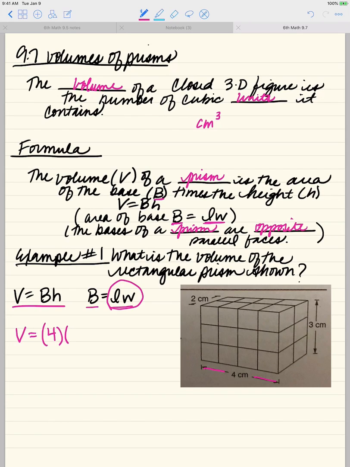Where's our width? Our width is right here. Our width is 2 centimeters. So now we have that big B, length times width. And now we're going to do times height, which is 3 centimeters. So the volume is 4 times 2 times 3, which is 24. And we have centimeters, and this is volume. So our units are cubed.